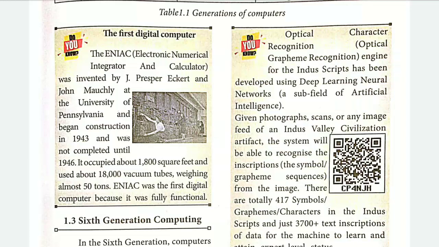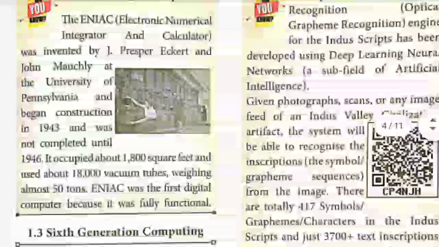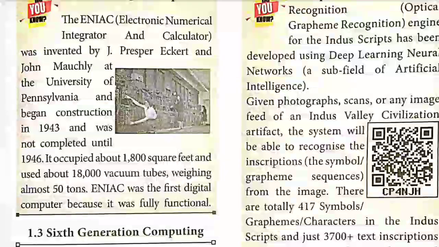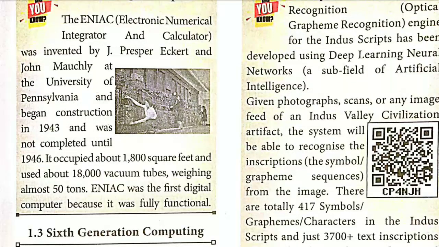You can see multiple employees using this electronic calculator, and it is the size of a room. It is very big in size, and it takes more time to do a small calculation. These kinds of disadvantages are seen in this generation.